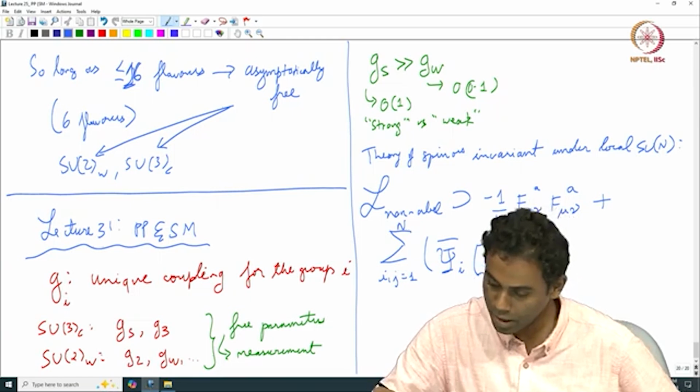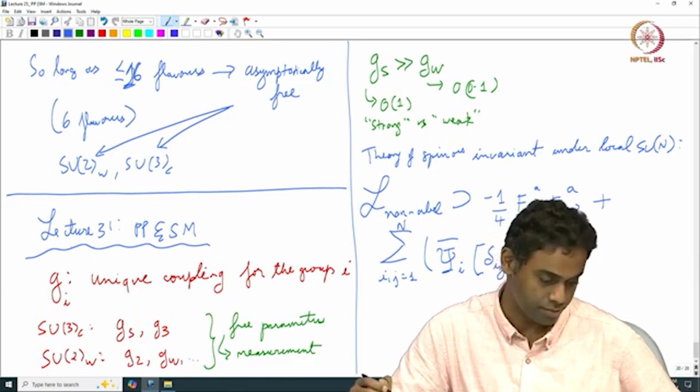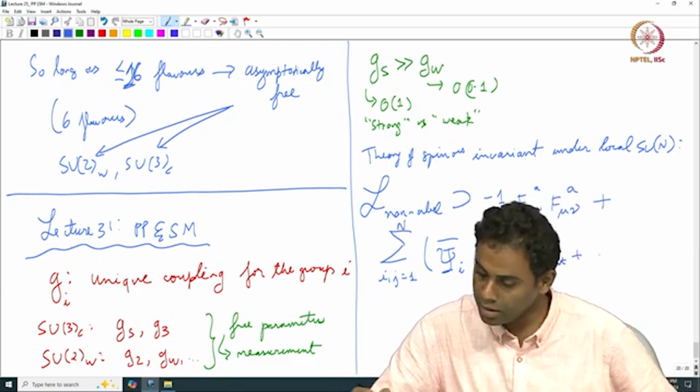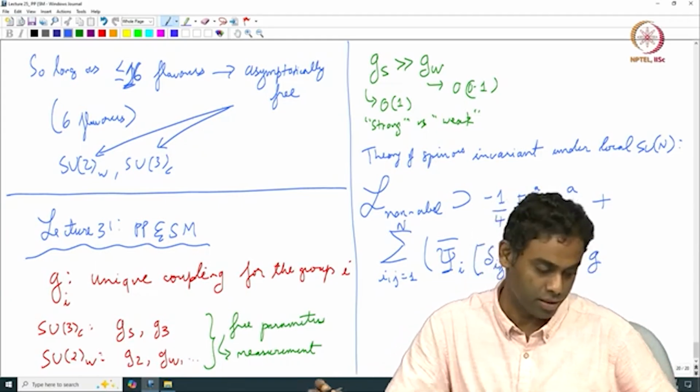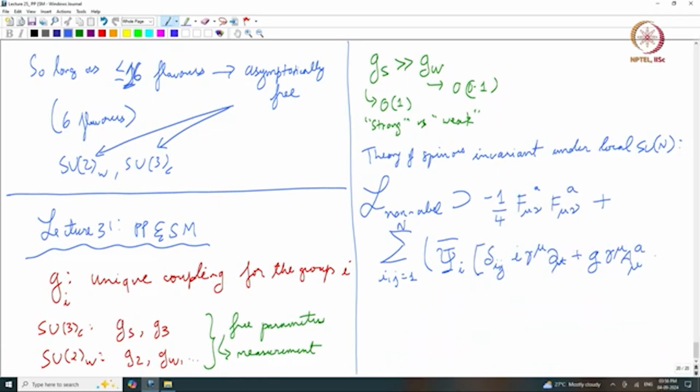There's an i here, gamma mu, partial mu, plus here comes the universal coupling of the SU(N), g A mu^a T^a_ij. What is T? Those are the generators. And there's a mass term which you cannot miss, and a psi_j.